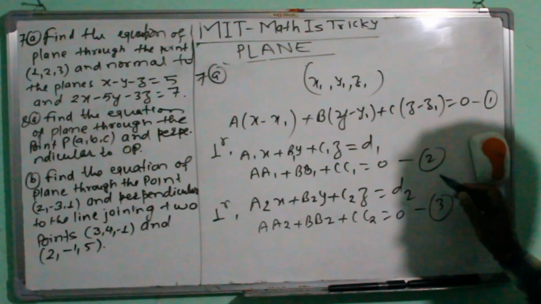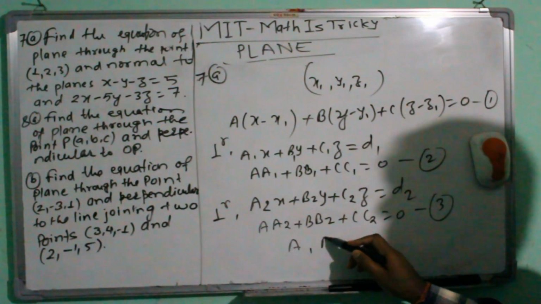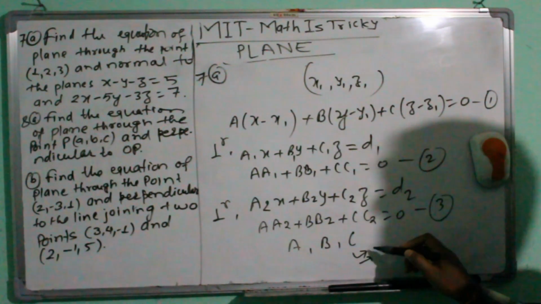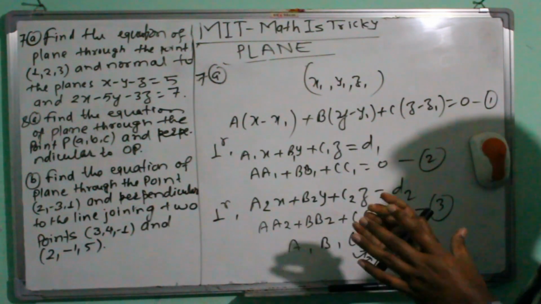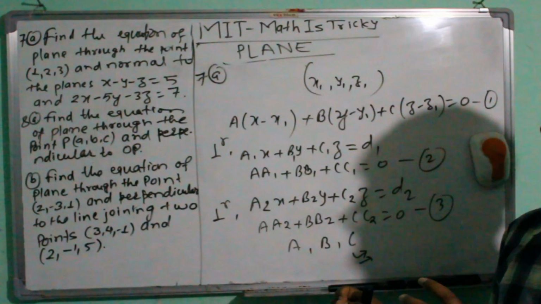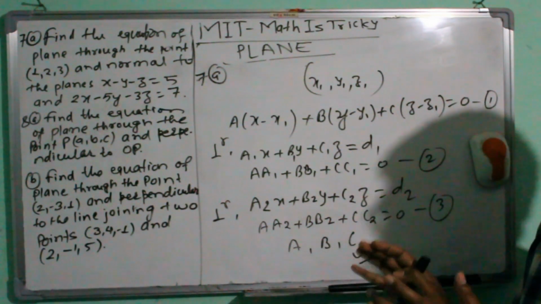By solving 2 and 3 we'll get the values of a, b and c, and then by substituting these values in equation 1 we'll get the required equation. This is the method to solve this problem. Hope you understood this. Now let me solve the problem and show you.